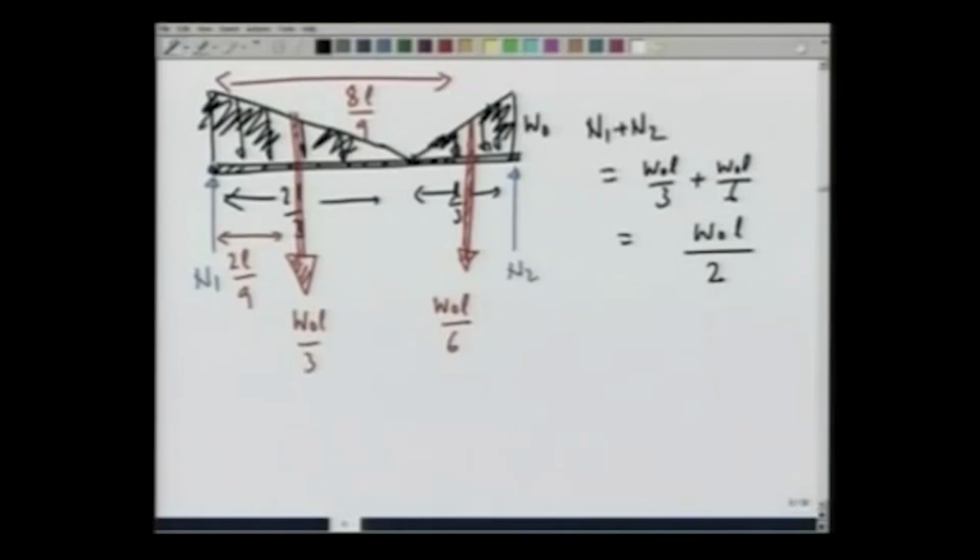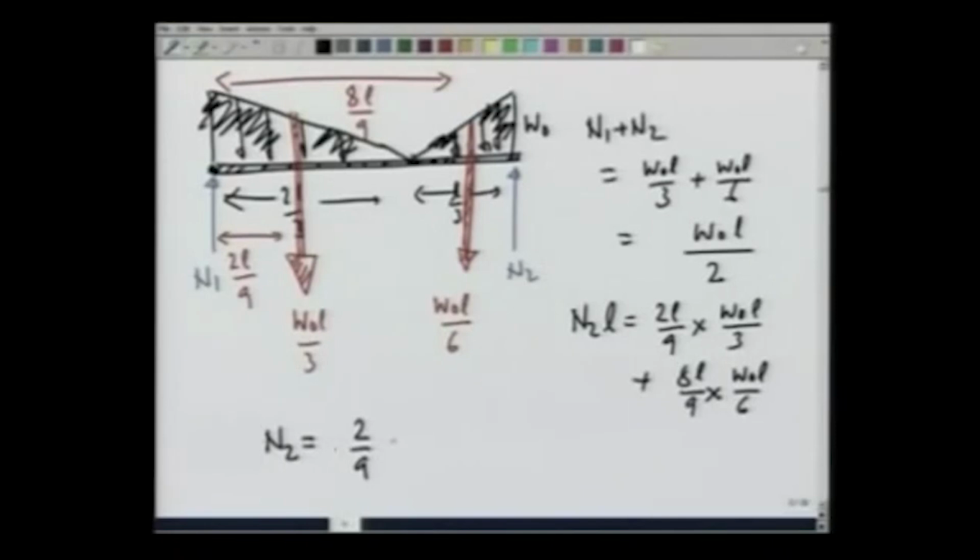All the distances are known, and when we solve, N2 times L is going to be equal to 2L by 9 times W naught L by 3 plus 8L by 9 times W naught L by 6. When I solve the two equations, I get N2 to be equal to 2/9 W naught L and N1 to be equal to 5 W naught L over 18.